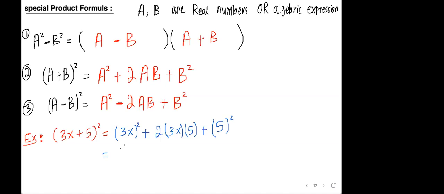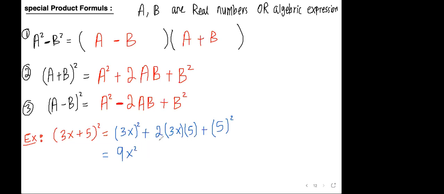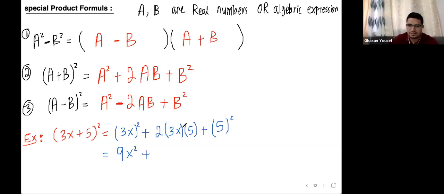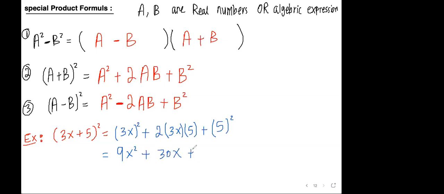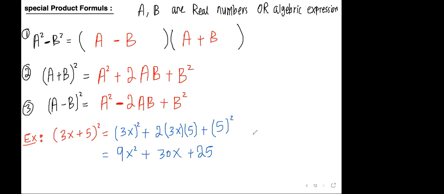So 3 squared is 9, 9x squared, plus 2 times 3 is 6, 6 times 5 is 30, so 30x, plus 25, since 5 squared is 25. Yes, this is correct. So we're applying the second property for solving something like this.